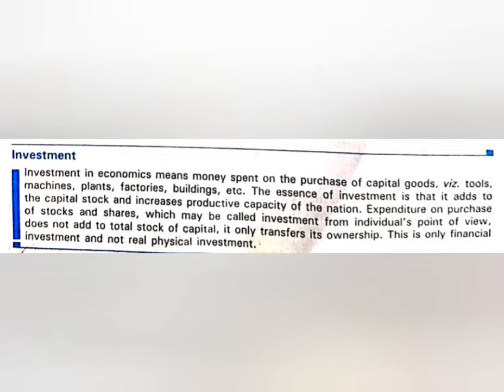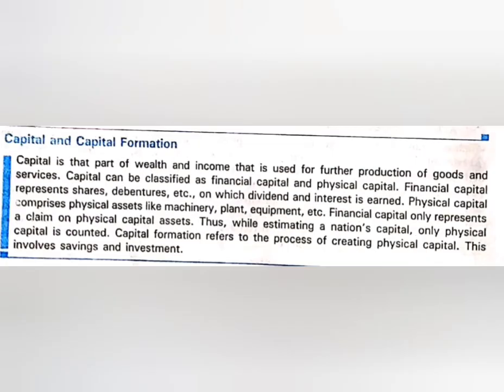When we talk about expenditure on shares and stocks, it is also termed as investment, but it is from the individual's point of view. From my point of view, someone else has purchased it, but it is just the transfer of ownership. Like I have a share, another person comes and purchases it from me, I am transferring the ownership.